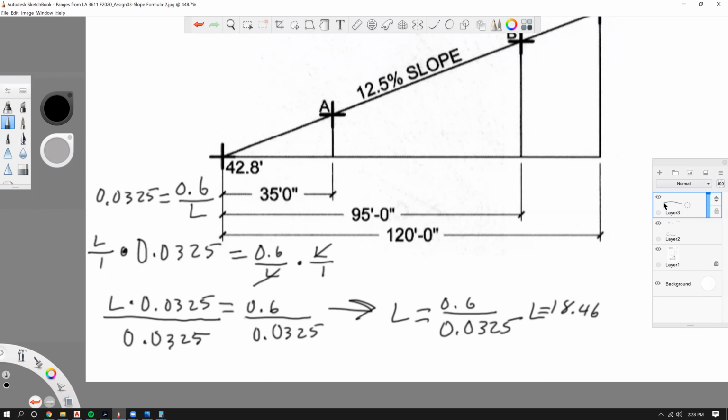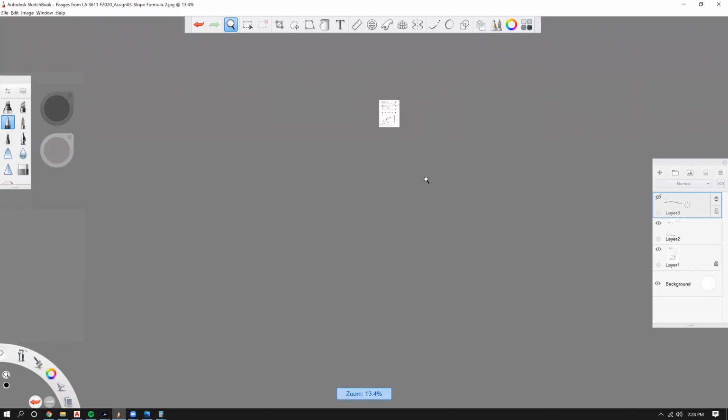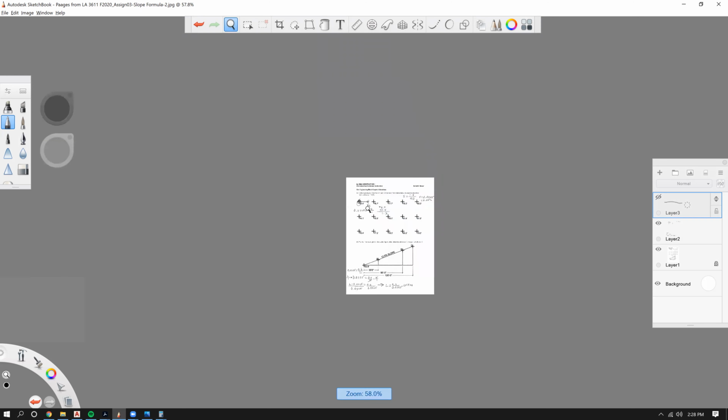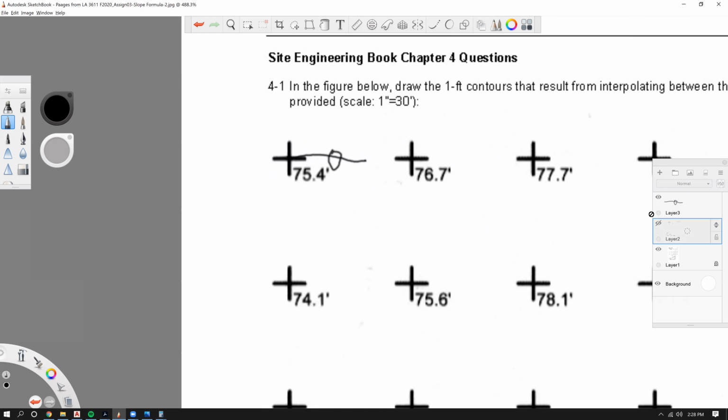Then you measure with your scale ruler from this point 18 feet, or 18 little ticks this way, which of course is less than halfway. So it's going to be somewhere in here probably for 76. Does that make sense?